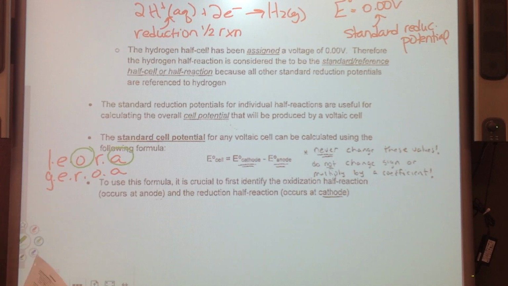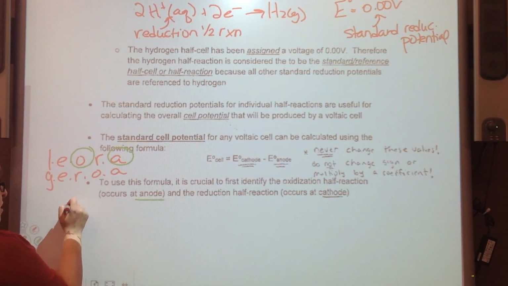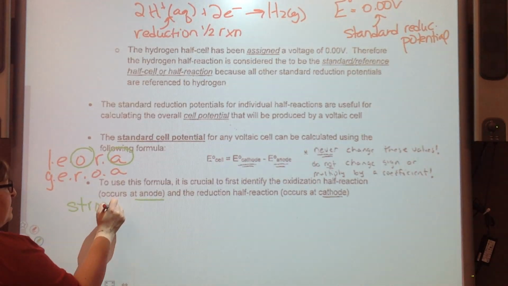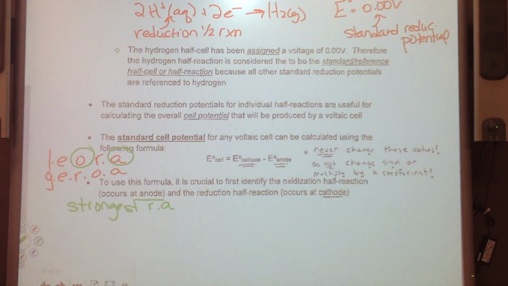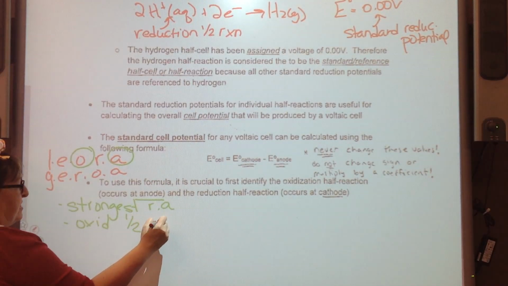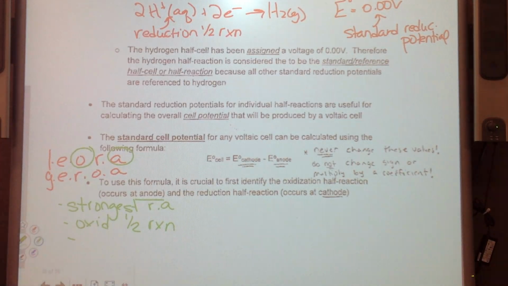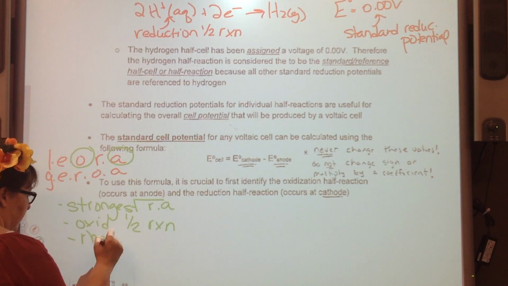Okay? So the anode is always the strongest reducing agent. Okay? It's the oxidation half reaction. And it's the most negative reduction potential.